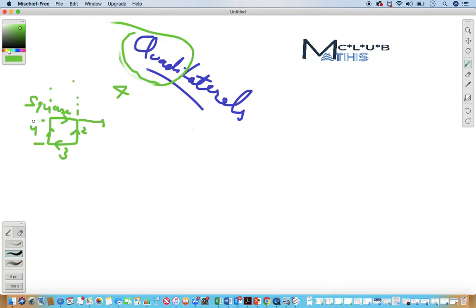What I'm trying to tell you is that regardless of which direction the arrow is going, if the sides are of equal length, it will be your square shape.